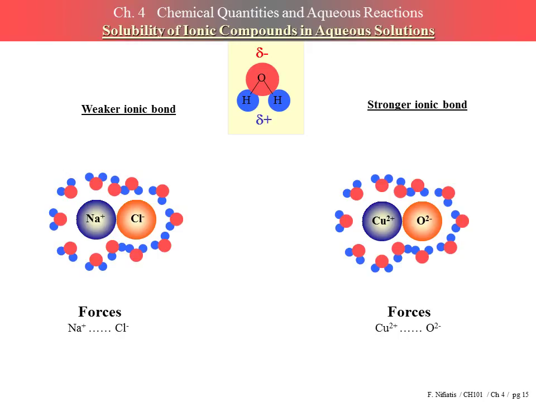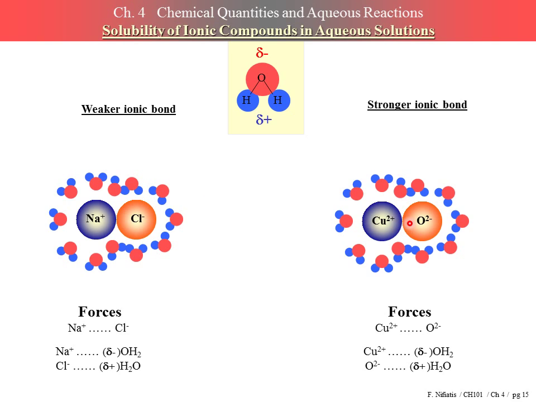See the forces that we have here. In the case of the sodium chloride, we have the strong sodium chloride electrostatic interaction. We have a weaker electrostatic interaction between the oxygen of the water and the sodium, and a weaker electrostatic interaction between the chloride and the hydrogens.